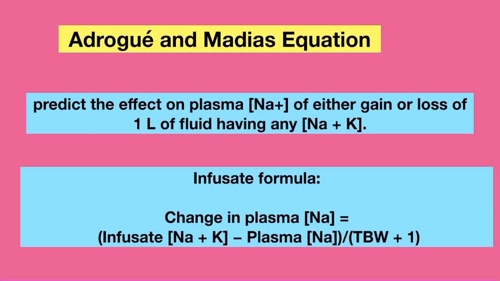So there is a formula called the infusate formula, if you are adding fluid into blood. It states that the change in plasma sodium concentration is equal to the infusate sodium plus potassium minus the plasma sodium, divided by the total body water plus 1.